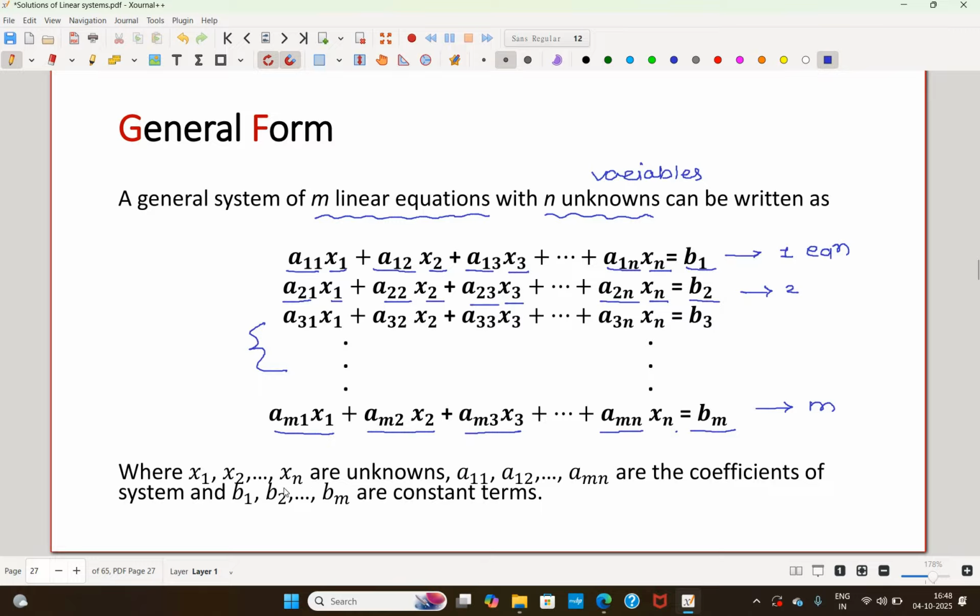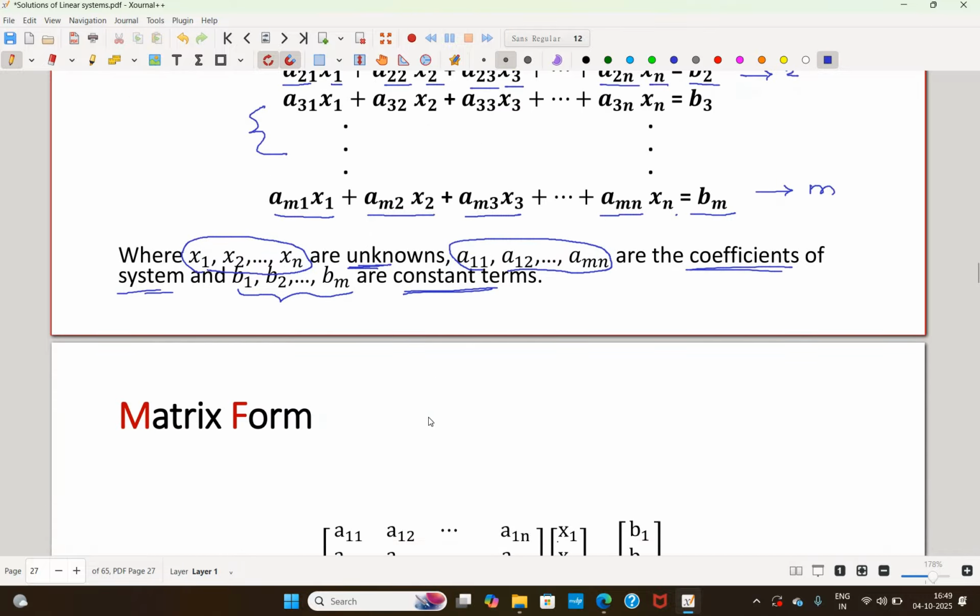Now, what are these notations, or symbols? We'll try to understand. x1, x2, x3 and so on, xn are the unknowns or variables. Then a11, a12 and so on, amn are the coefficients of all the variables in that system, right? And lastly, b1, b2, b3 and so on, bm are your constant terms. Now that we have understood the set of equations properly, let us try to abbreviate it.